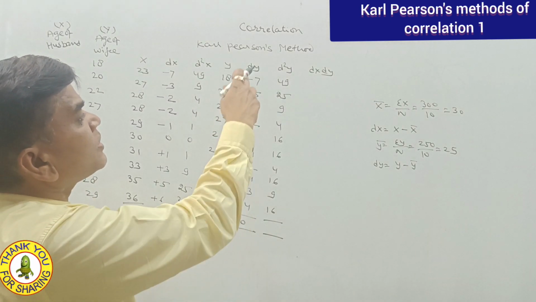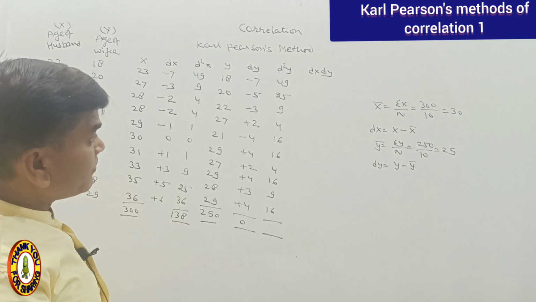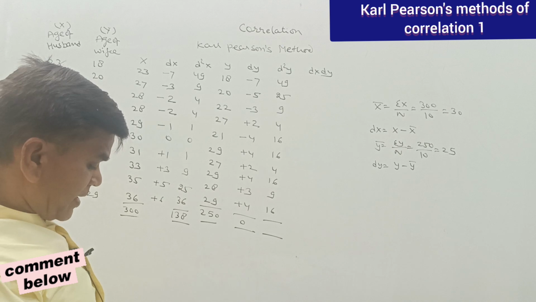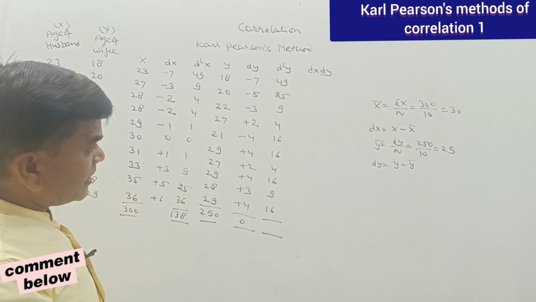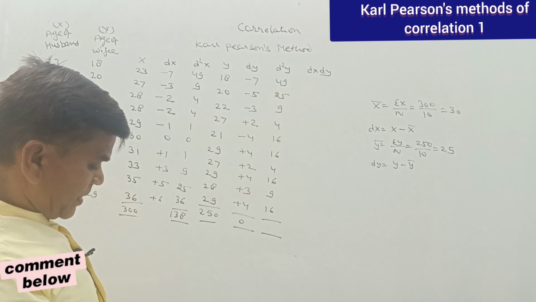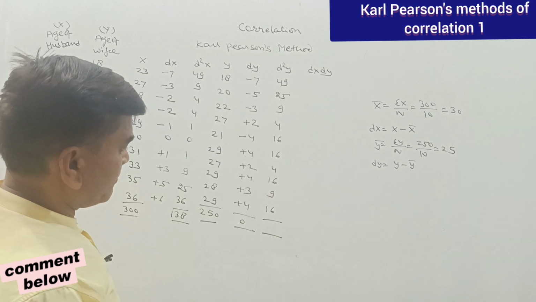Now the addition of d square y we require: 49 plus 25 plus 9 plus 4 plus 16 plus 16 plus 4 plus 16 plus 9 plus 16, that is 164.